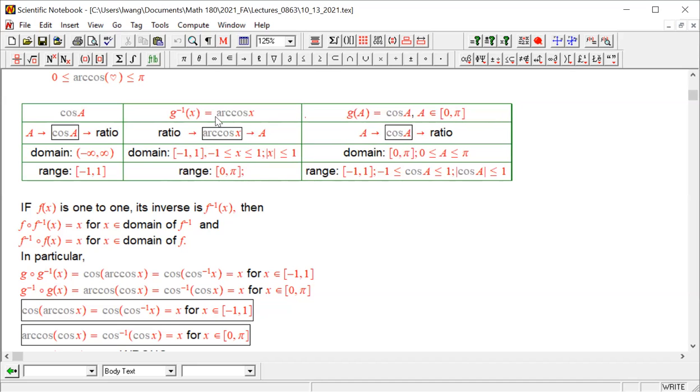Mhm. And ArcCosine is between 0 and pi. So these are the inequality way of expressing them. Okay. The domain for this cosine is that, and the range are the same.